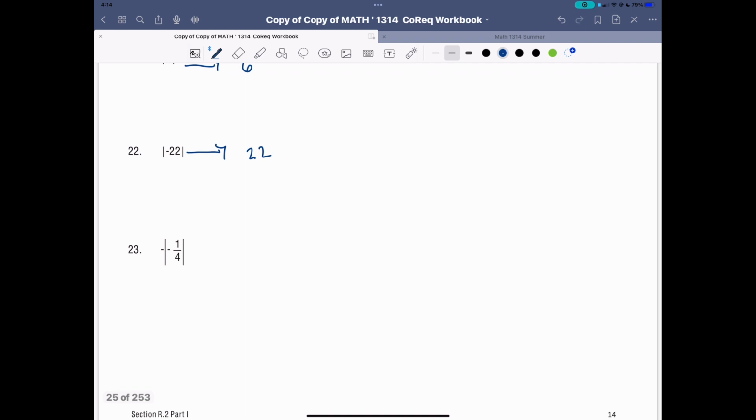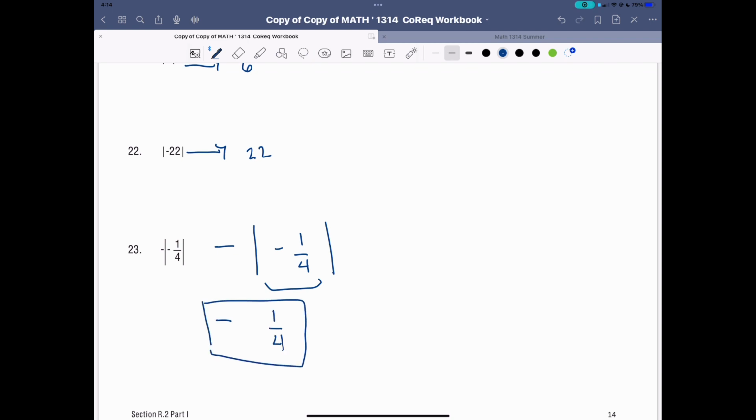This one is actually an operation. So it's a negative absolute value, negative 1 over 4 absolute value. So we work inside the absolute value bars first. So I bring down my negative, and then I get 1/4. So my answer is negative 1/4. Absolute value bar.